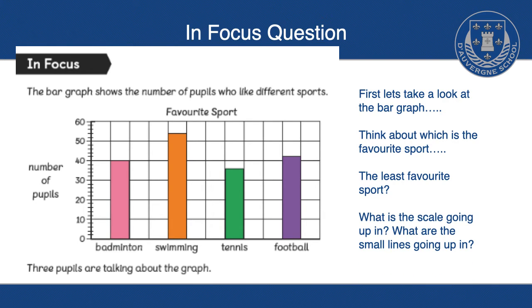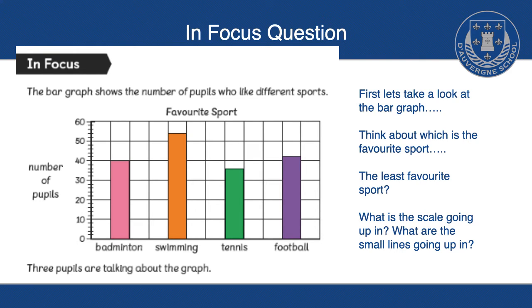Look at what that scale is going up in, because those smaller markings are really important. Not all of the bars hit those big numbers, they go in between. Those smaller markings tell us exactly the number of pupils that preferred that sport.